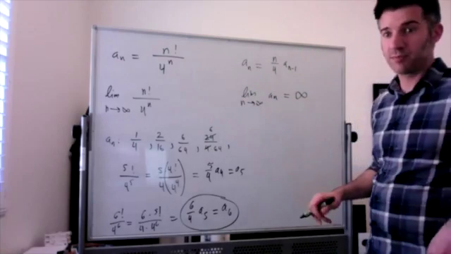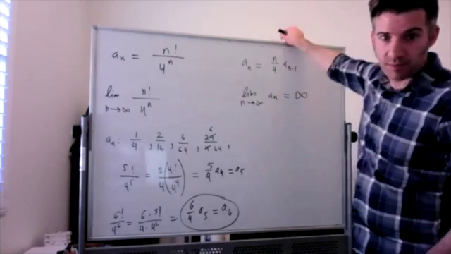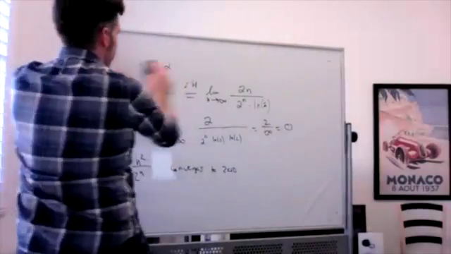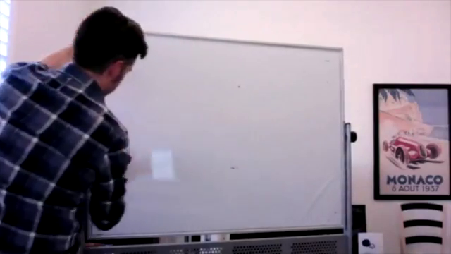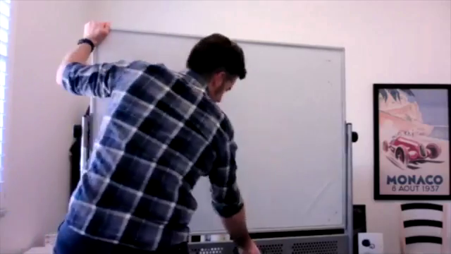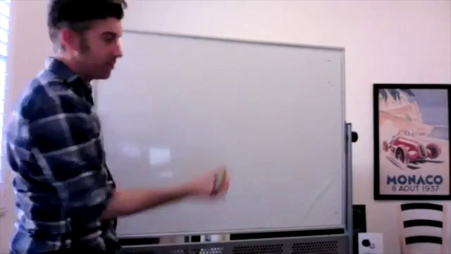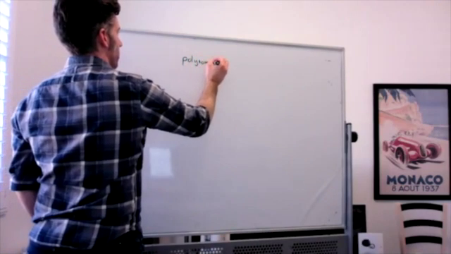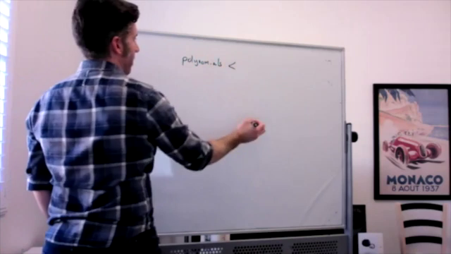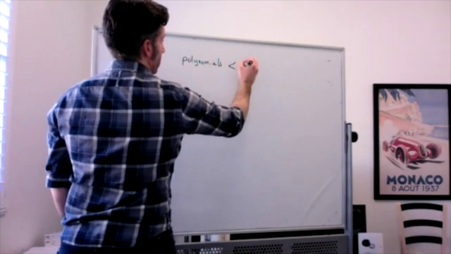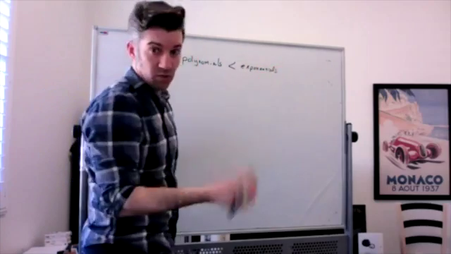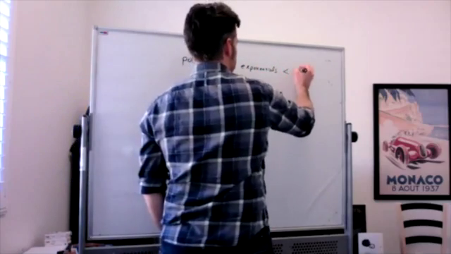So here's something I think is worthwhile to keep in mind. In general, polynomials are smaller than exponentials, which are eventually smaller than factorials.